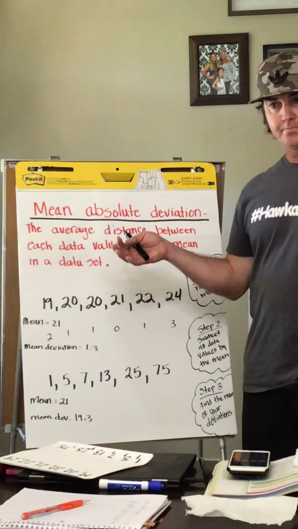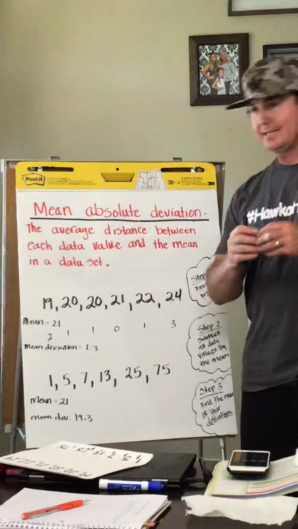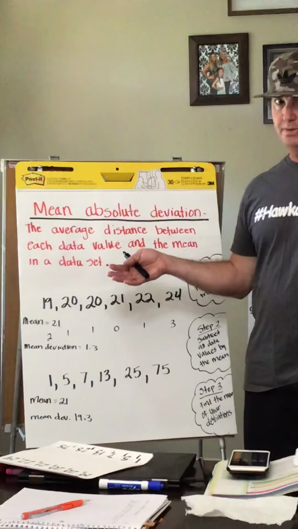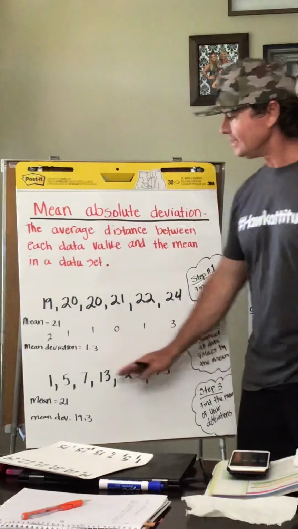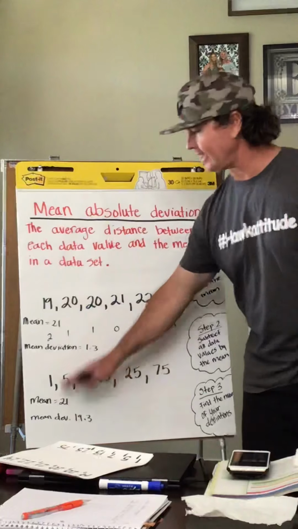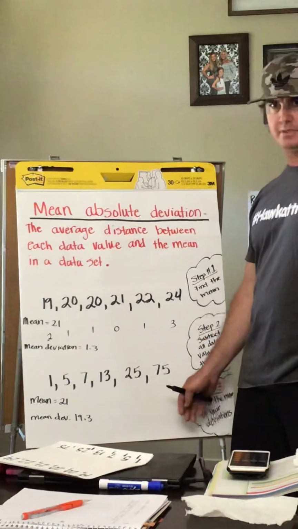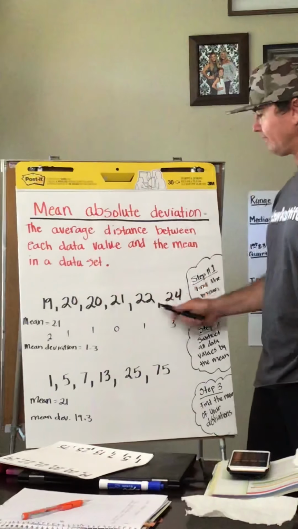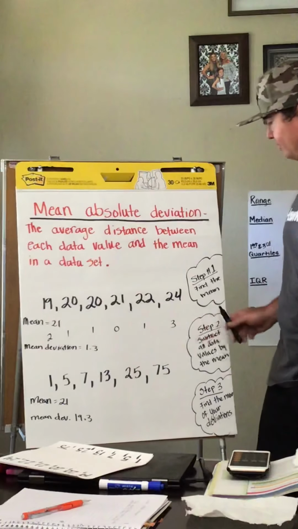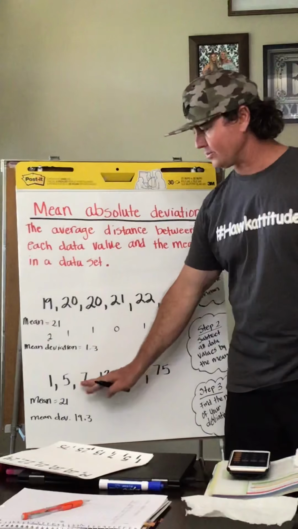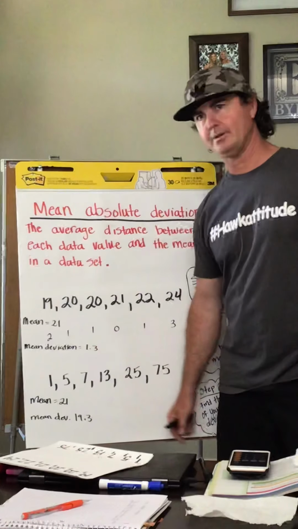They're spread apart by about 20. Even though they had the same average, the deviation was much different. These numbers are very close together because they have a small deviation. These numbers are really far apart because they have a much bigger deviation.